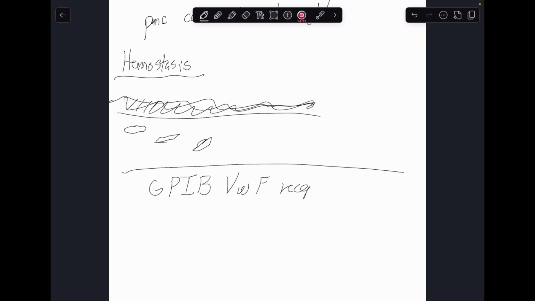This is one of the receptors. So it's a mechanoreceptor. If our von Willebrand factor will bind, we'll have these little things. These are ligands. We call these VWFs, von Willebrand factor.